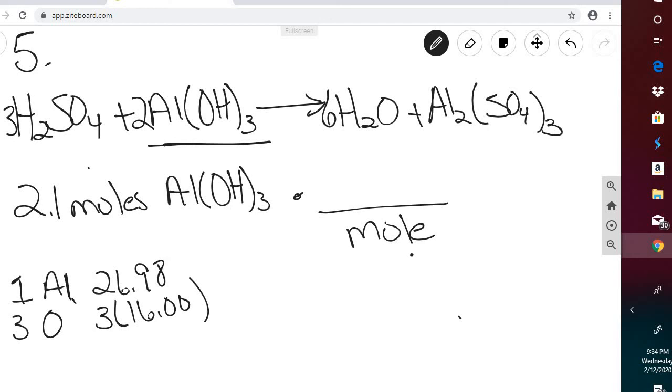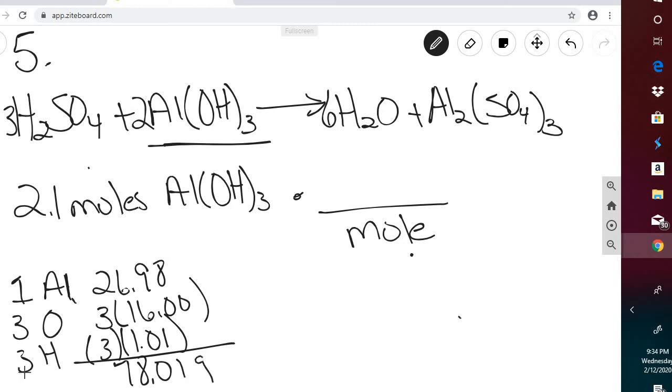And we have 3 hydrogens, so that will be 3 times 1.01. So all of that adds together, you're going to get 78.01 grams in 1 mole. Okay, so I'm just going to put that up here. 78.01 grams per mole. Moles cancel.